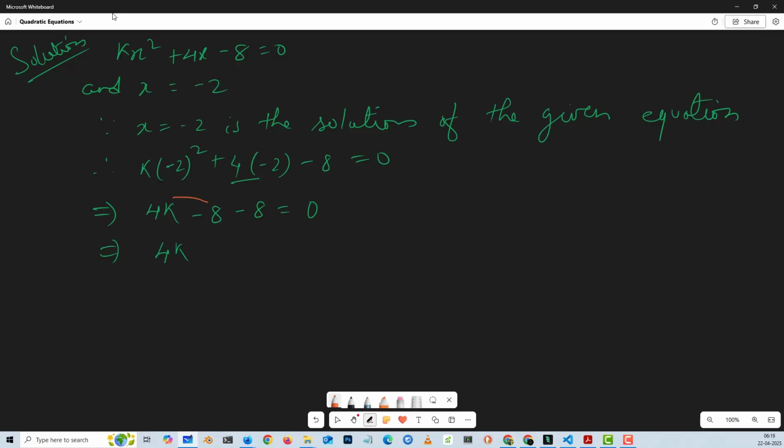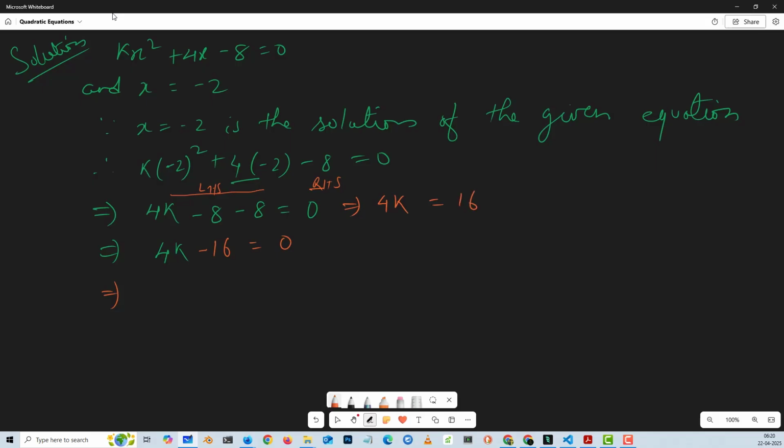This side is LHS, this side is RHS. So here it will become minus 16 and then there is 0. So what we do, we can directly write like this: 4k equals to 16.